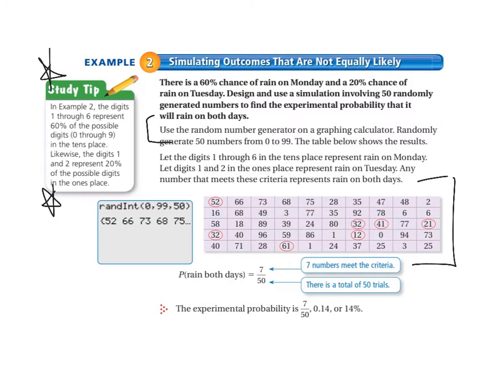There were 7 numbers that meet the criteria, with both of those digits being right, and there were a total of 50 trials. So 7 out of 50. The experimental probability was 7 out of 50, which equals 14%.